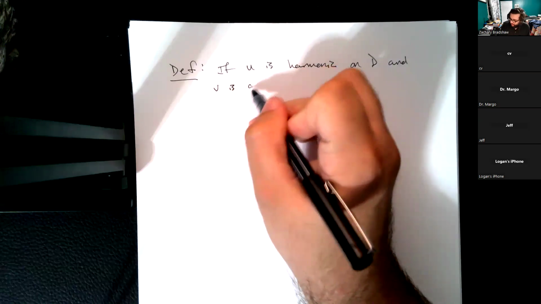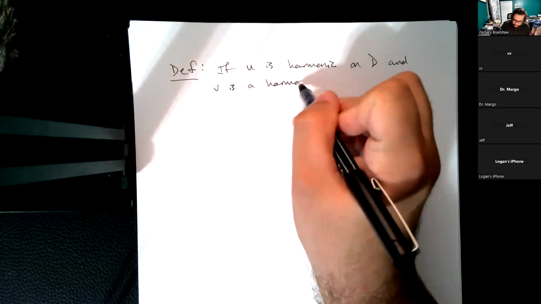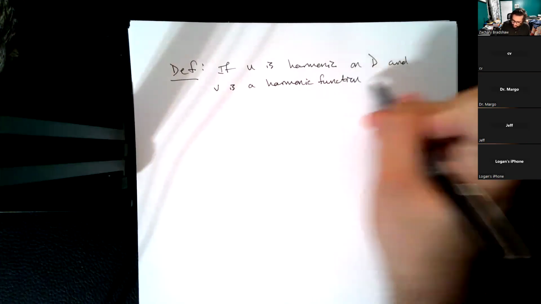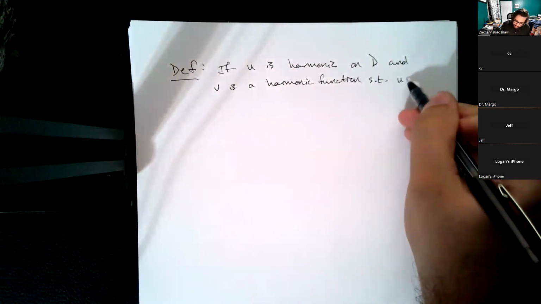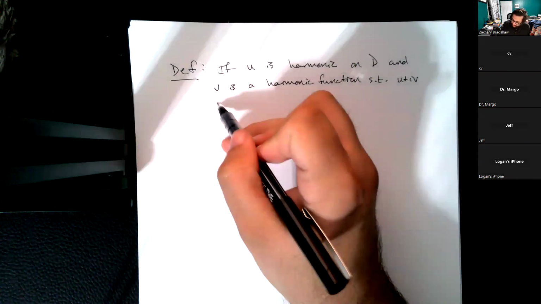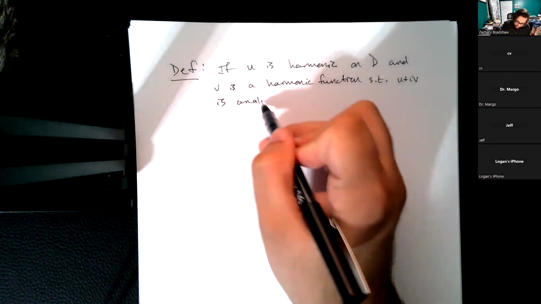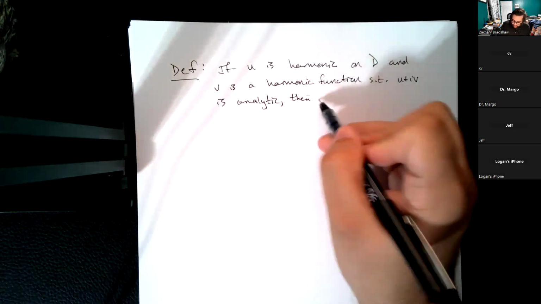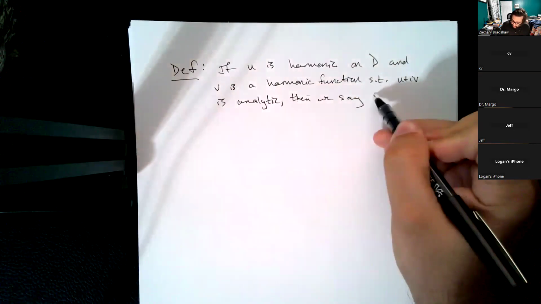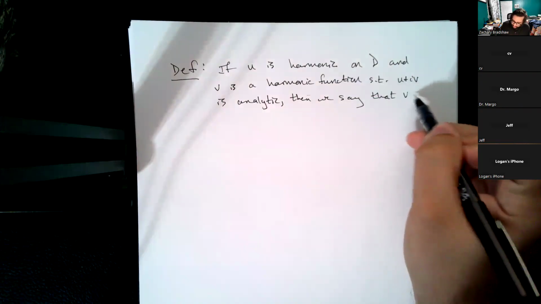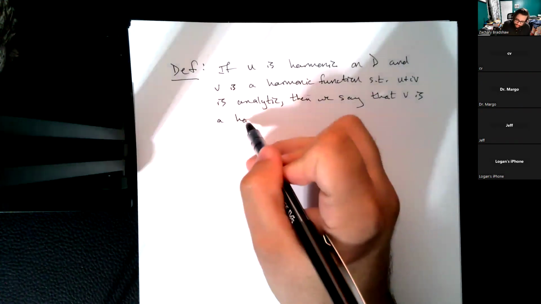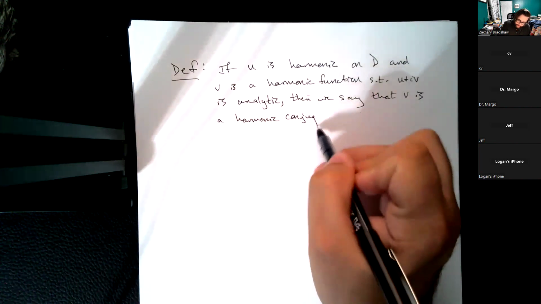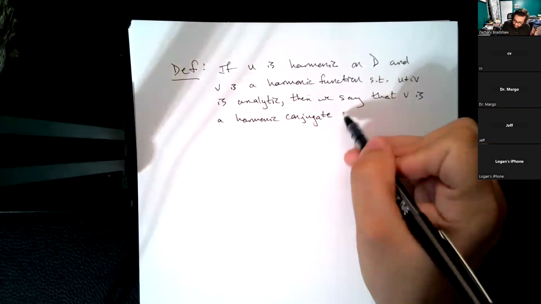And v is a harmonic function such that u plus iv is analytic. Then we say that v is a harmonic conjugate of u.